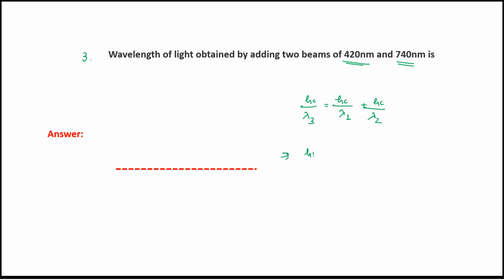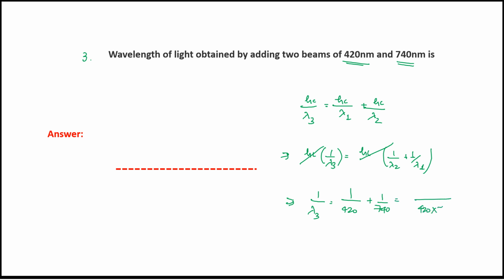Now what we'll do? hc will be common, so it will be 1 by lambda 3 is equals to hc times 1 upon lambda 2 plus 1 upon lambda 1. hc and hc will just cancel out each other, and what we'll get is 1 upon lambda 3 is equals to 1 upon 420 plus 1 upon 740. Okay. Now we'll just multiply 420 into 740. 740 plus 420. Okay. And then we'll just find out the answers.